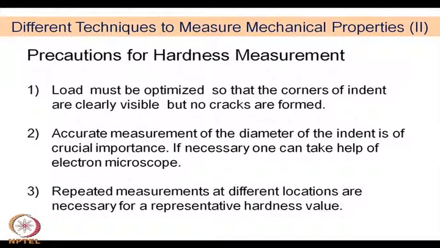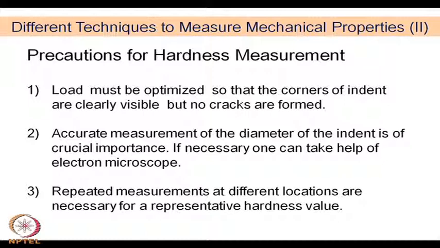What are the different precautions you have to take during this measurement? There are a few listed here. Load must be optimized so that the corners of the indent are clearly visible, but no cracks are formed. Okay. It is very important that we should not initiate a crack.